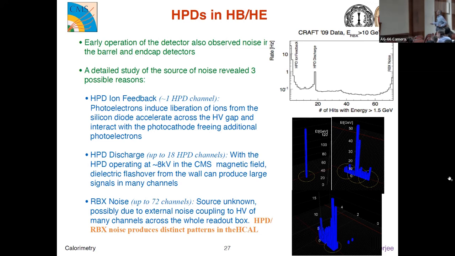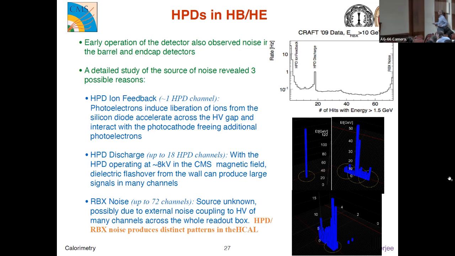The second thing is that we have signals in a block of 18 channels, which makes one phi sector. So with the HPDs operating at 8 kV and with the magnetic field from the yoke, this can produce large signals, and this is the so-called HPD discharge.